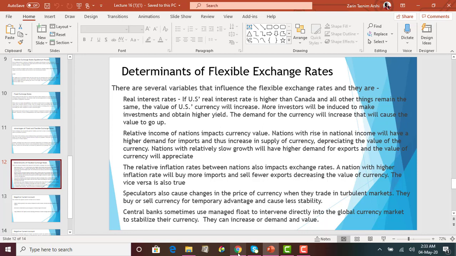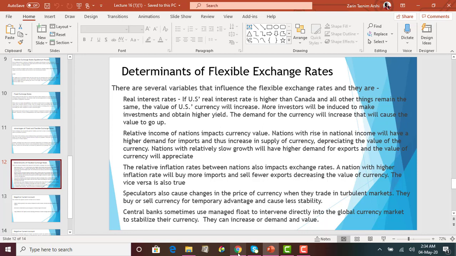So I guess you understand what I'm trying to say from here. Basically, if the US interest rate is higher than Canada's, then the value of the US dollar will go up and the Canadian dollar will go down. This is because more investors will be encouraged to make investments and obtain greater return. So the demand for currency will go up, and as a result the value will go up.